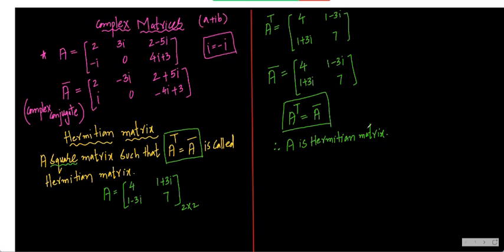Now we can go for another definition, called skew Hermitian matrix. See the definition of it now. I am writing the definition.